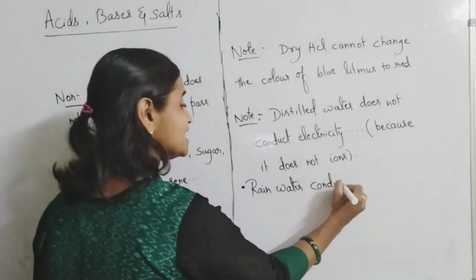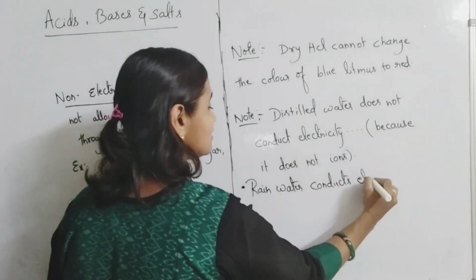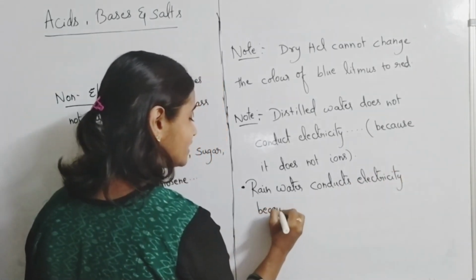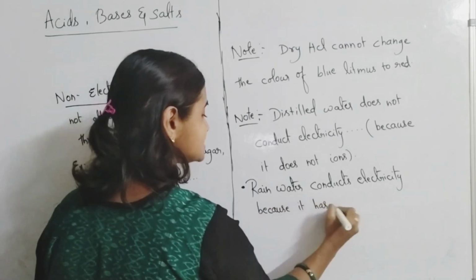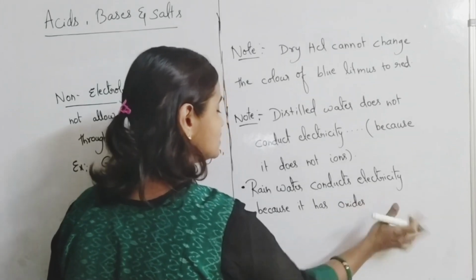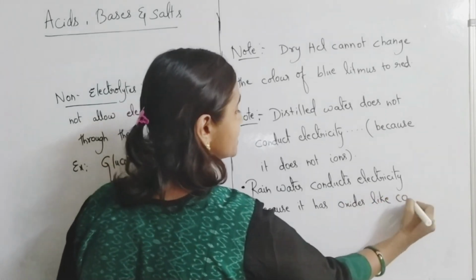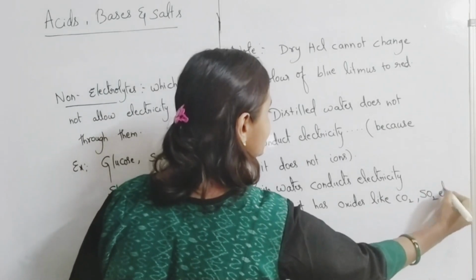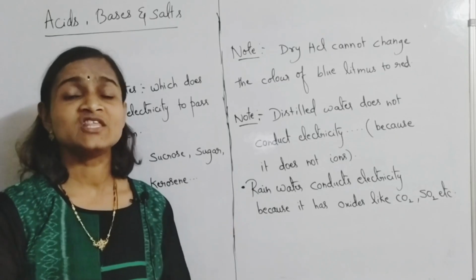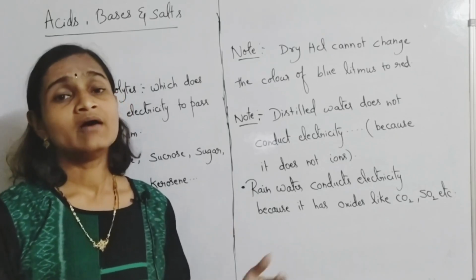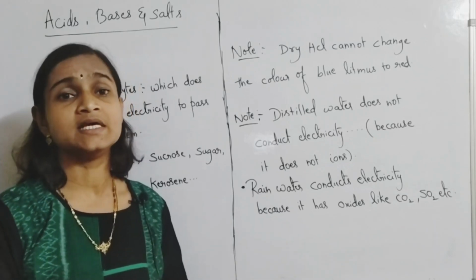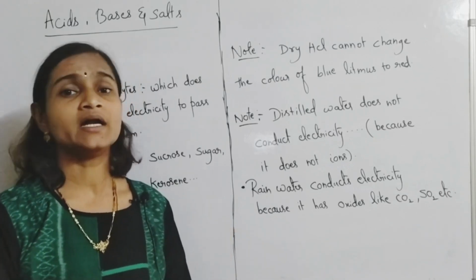Rainwater conducts electricity because it has certain oxides like CO2, NO2, SO2, etc. Such oxides liberate H plus ions when dissolved in water, when electricity is made to pass through them. So rainwater can conduct electricity, whereas distilled water cannot.